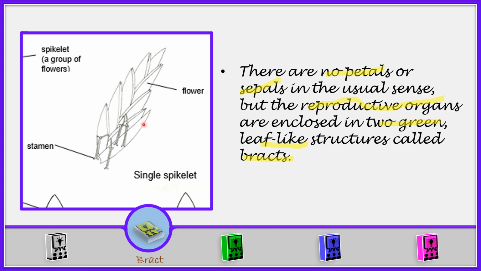What we see, which we would call petals, are leaf-like structures called bracts. They are green in color. All of what we are seeing here, these curved structures, you can call them petals, but we call them bracts.